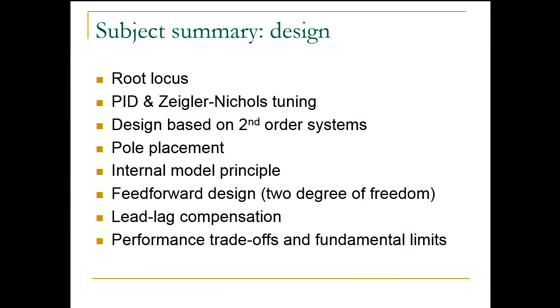We also saw the pole placement method. We saw that if your controller has enough parameters in the transfer function that you can tune, then you can place the poles of the closed loop system anywhere you want. The only requirement was that the plant transfer function was co-prime, so there were no pole-zero cancellations in the plant.